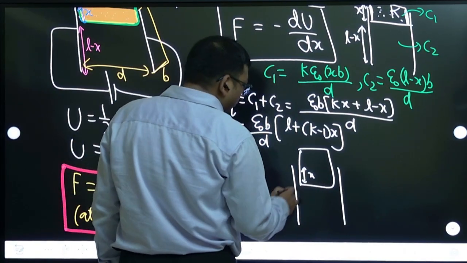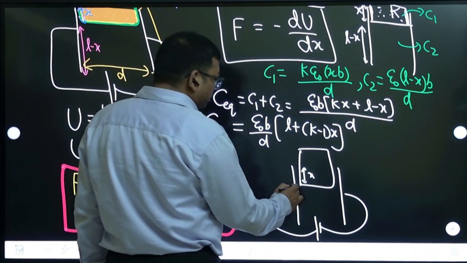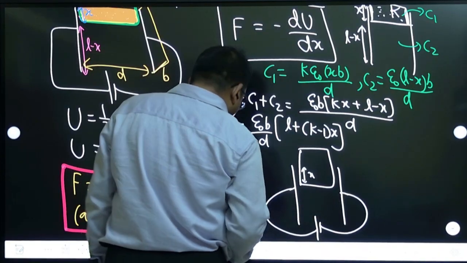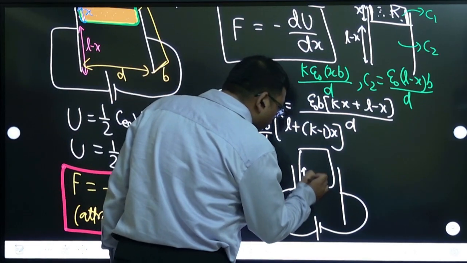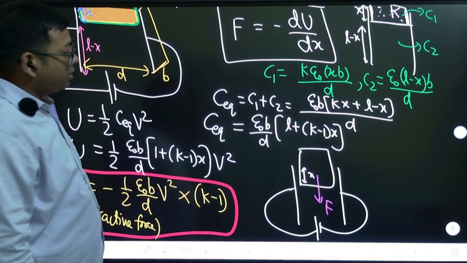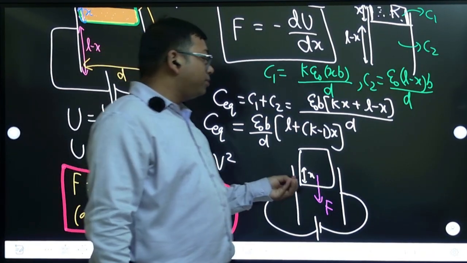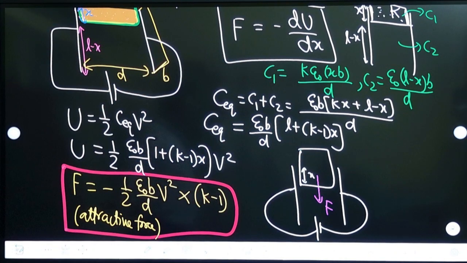So if x portion you insert, and remember the battery is still connected to the capacitor plates, this dielectric will start experiencing an attractive force. So this will get attracted. Little bit you insert, it will go inside. This force is given by this form.